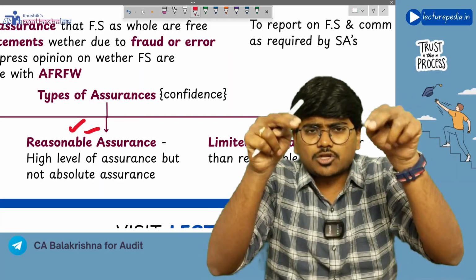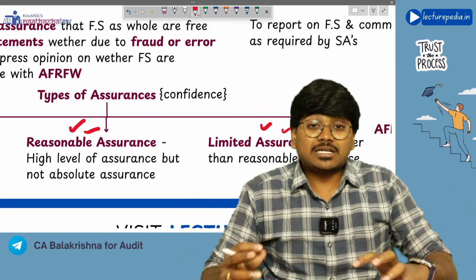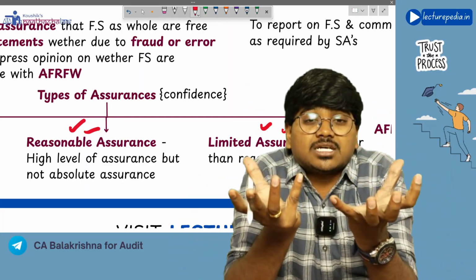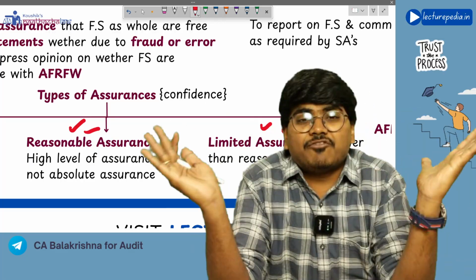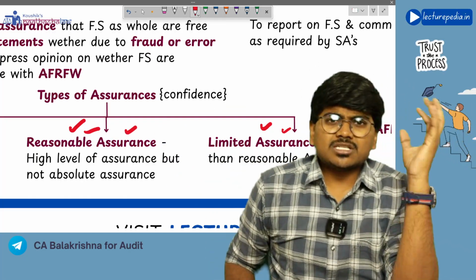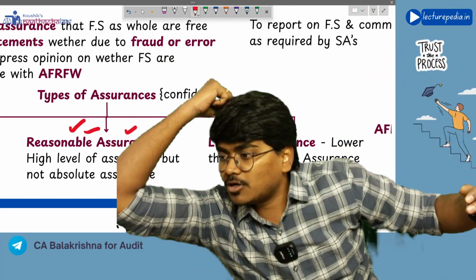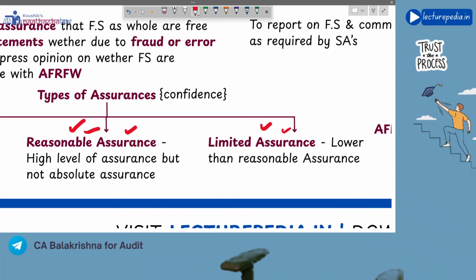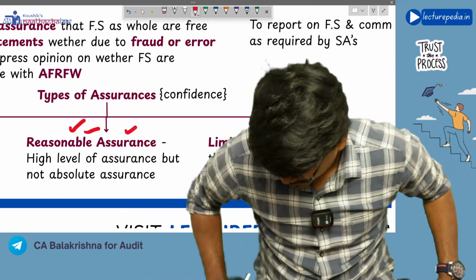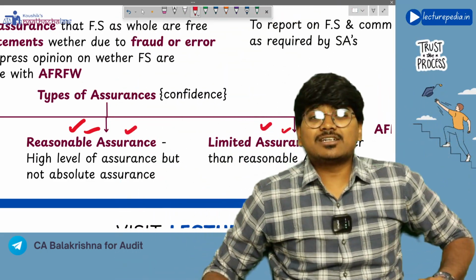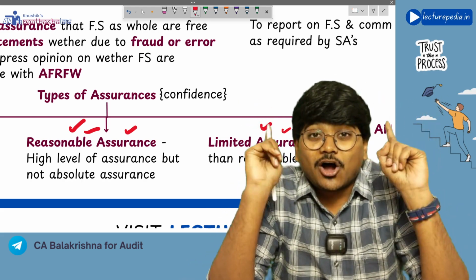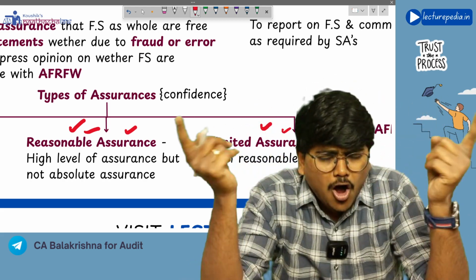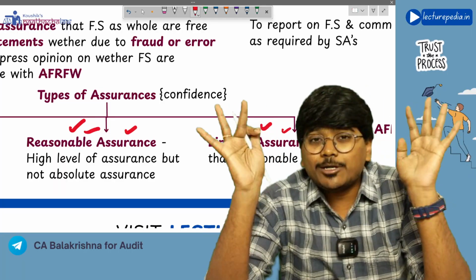In both situations, the auditor will perform audit procedures, but the amount of audit procedures that the auditor will perform will differ. In case of reasonable assurance, the auditor will perform almost all the audit procedures.